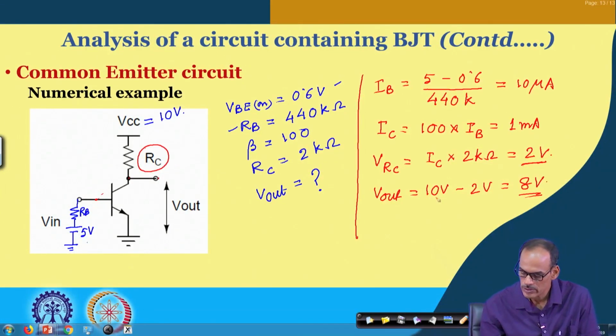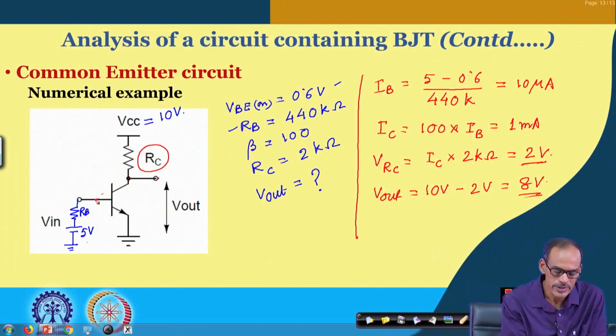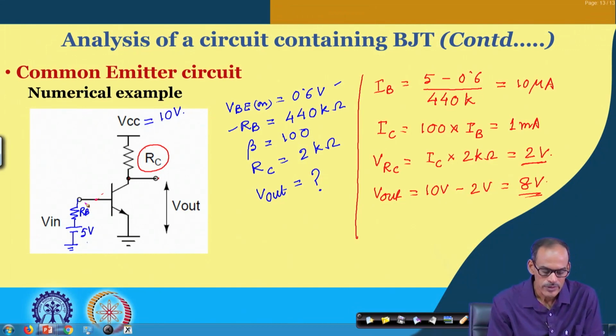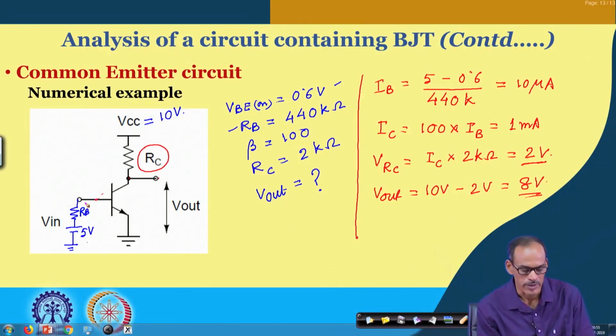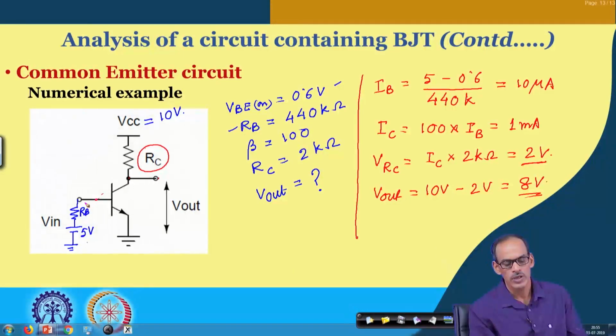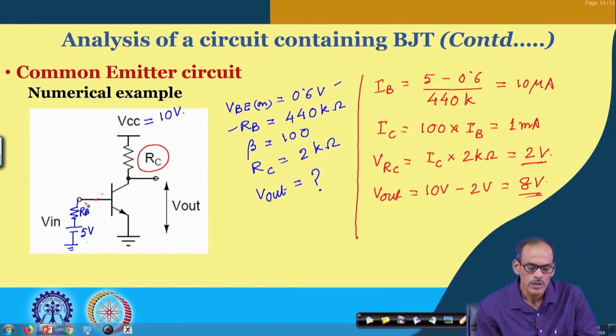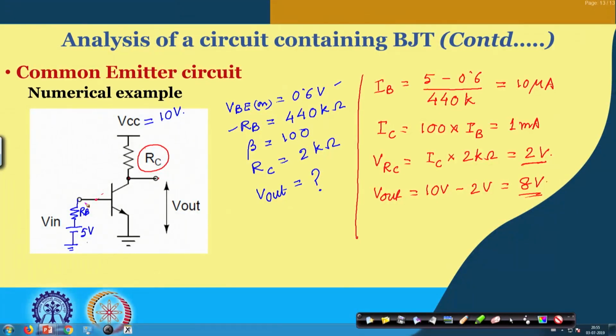Now, on top of this, if I feed a signal here at the base, what may happen? Probably today we are running short of time, so let me consider that example maybe next day.